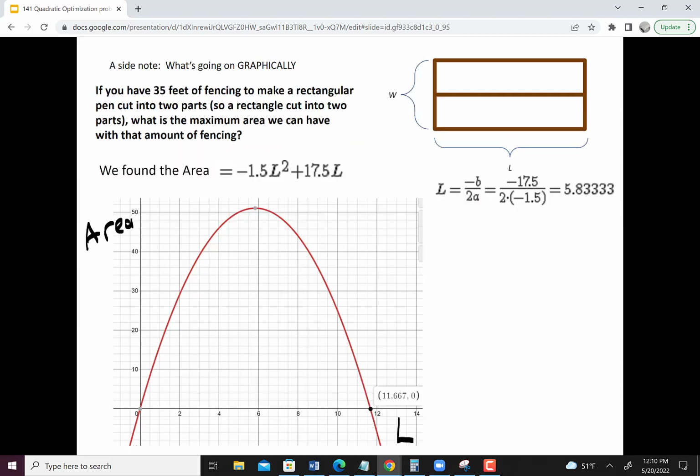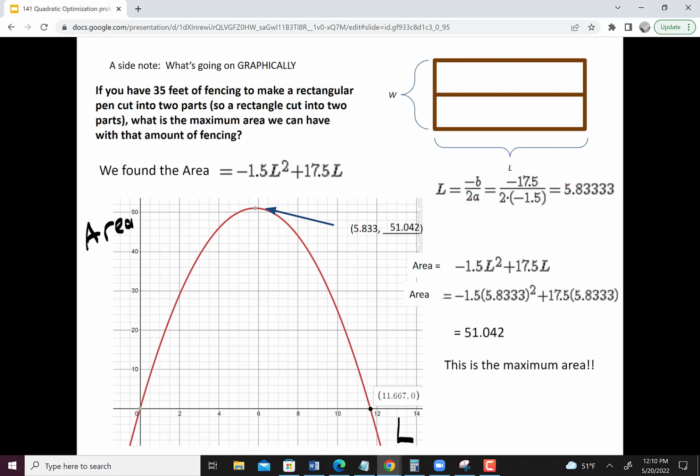Back to the graph, just to, again, understanding things graphically is really important. So what we just found, remember we found that the maximum occurs at L equals 5.833. We found out that the area was 51 roughly. So that's the y value there. If you actually plug it in, that's the maximum area. We already knew that, but I just wanted to show it to you graphically.